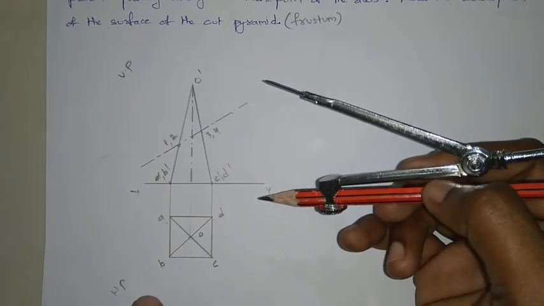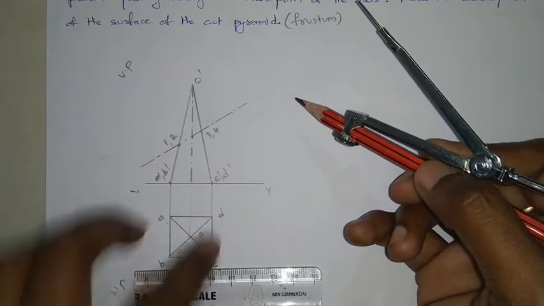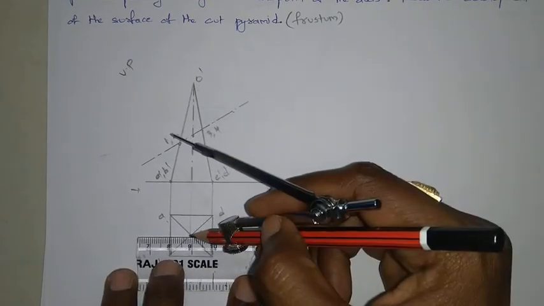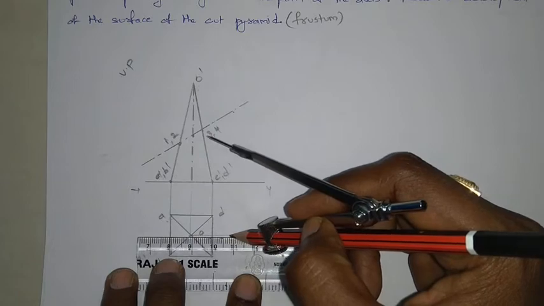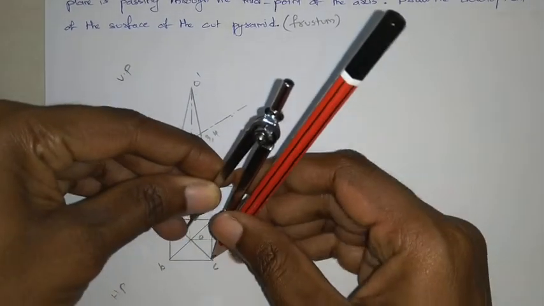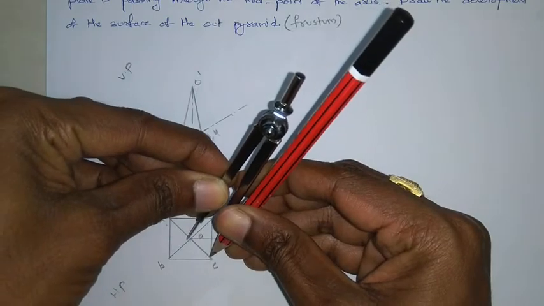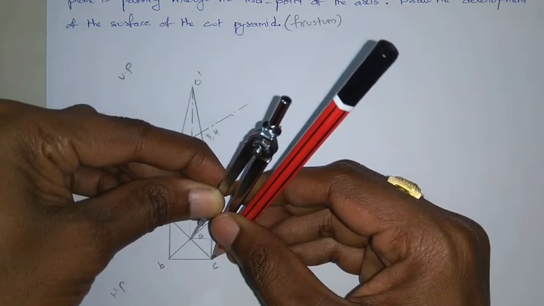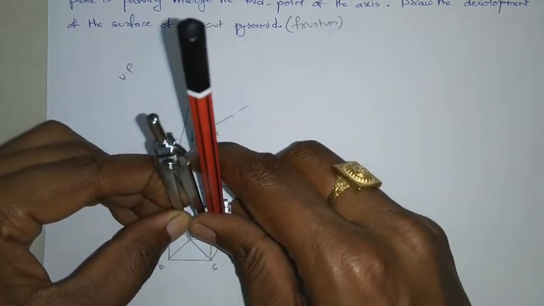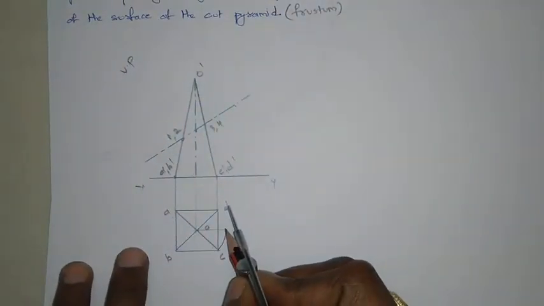So if no slant edge is parallel to XY, now lengths in the front view will not be the true length of slant edge. So for that reason, what we have to do is from the point O, draw a straight line parallel to XY, and next take the radius of OC and rotate it up to this line.